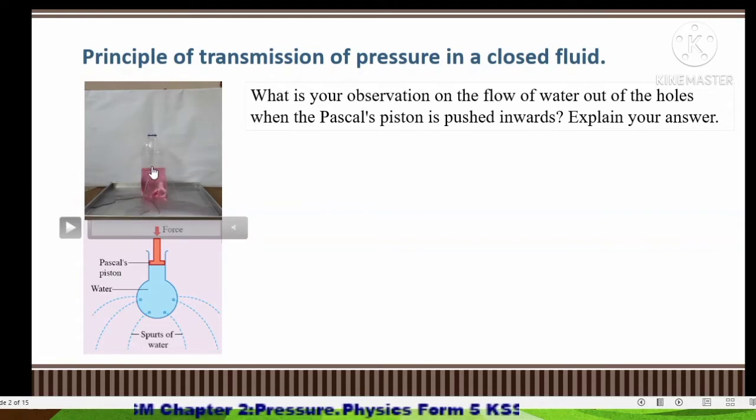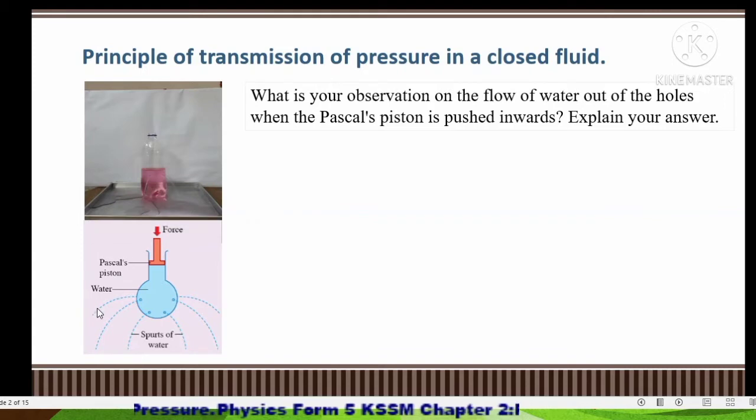So this video shows that pressure that acts on the surface of water and also pressure due to liquid will be transmitted to the holes here. The pressure that is transmitted causes the water to spurt out at the same speed, meaning pressure is transmitted equally to the holes here.